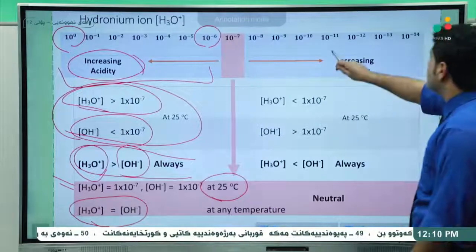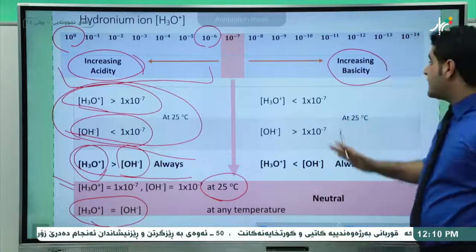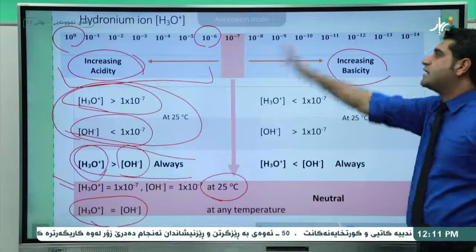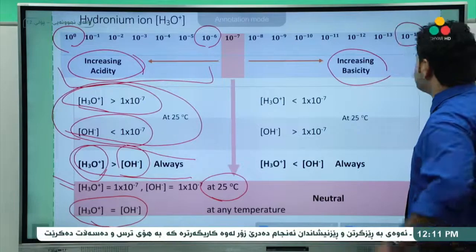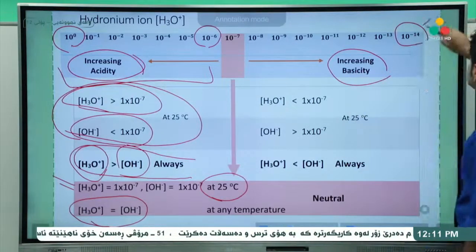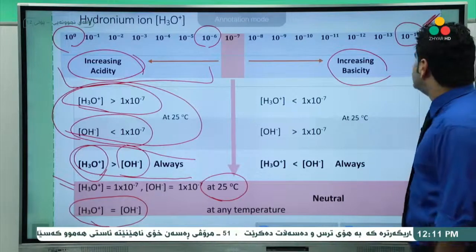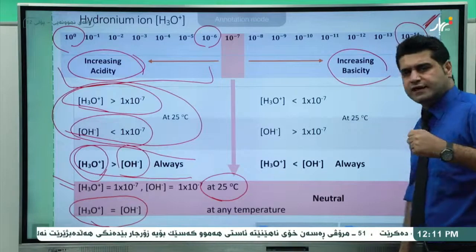Well, now for the right side, the basicity increases. So as much as we get far away from 10 to the negative 7, we get the most alkaline compound. So 1 times 10 to the negative 14 is the most basic compound. Okay? Look.